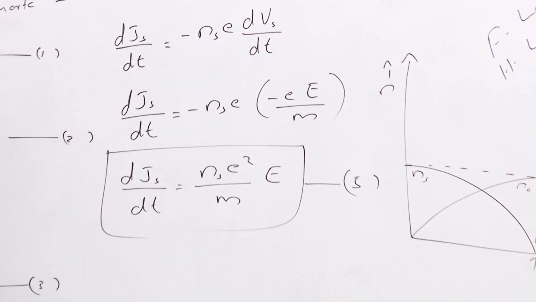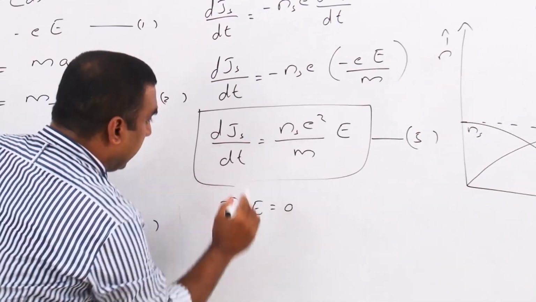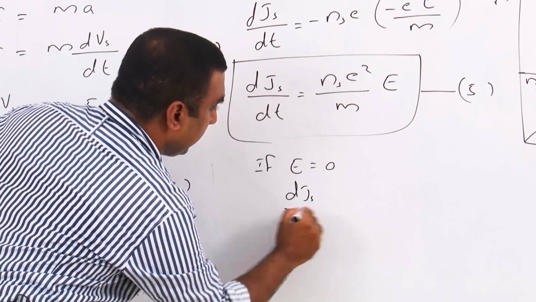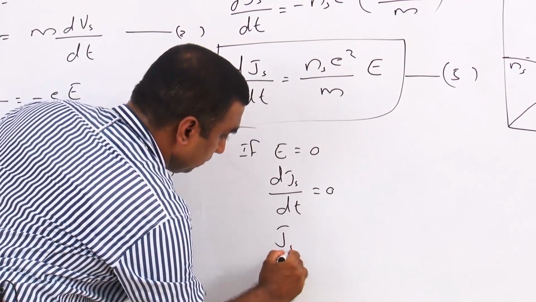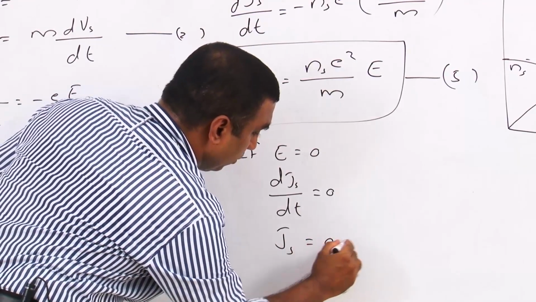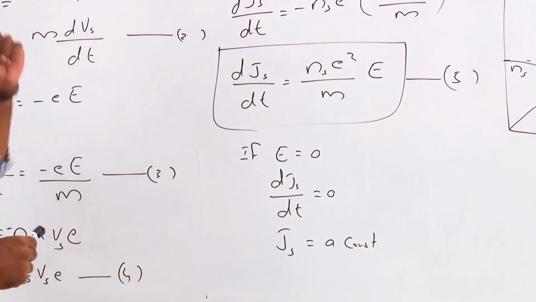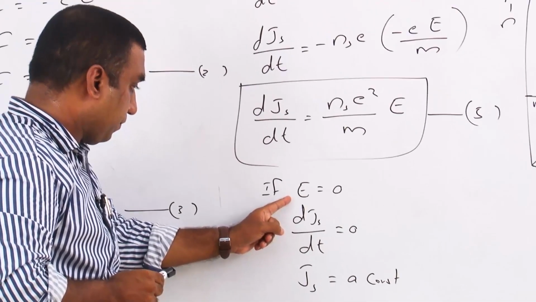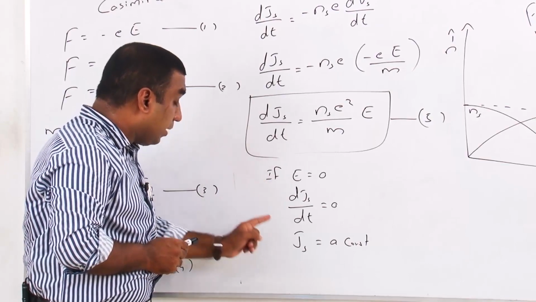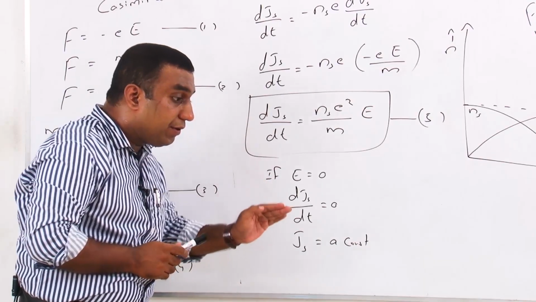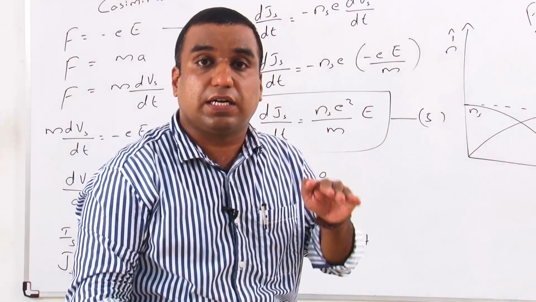According to this equation, if E is equal to 0, dJ by dt is equal to 0, or Js is a constant. So even if the applied electric field is 0, even when the applied voltage is 0, the material can have a constant current density or a constant current.